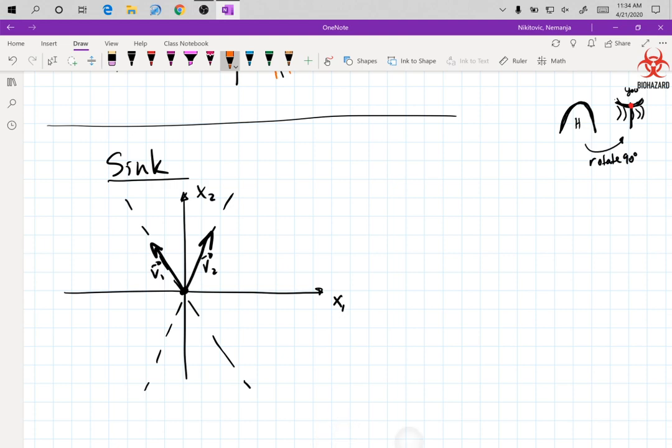So eigenvalues are non-zero and negative.